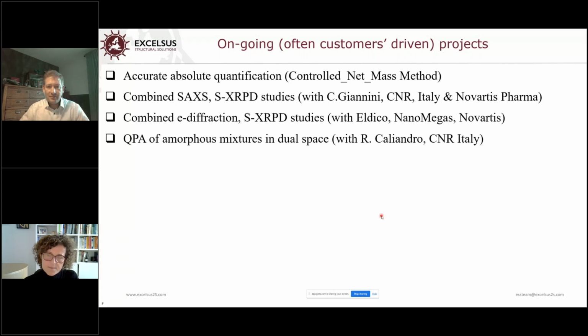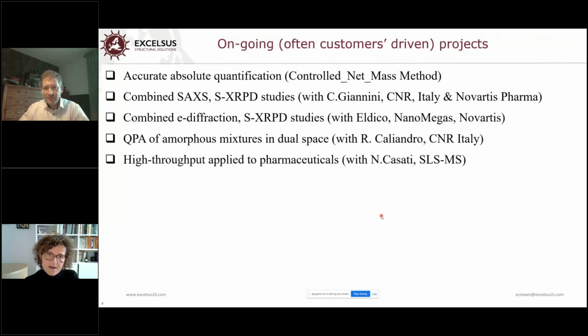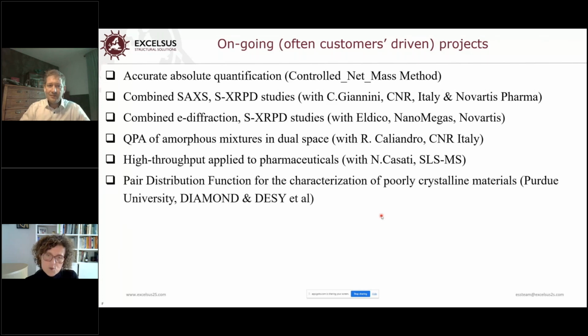We are also collaborating with Rocco Caliandro at the CNR in Cinzia's group for the quantification of amorphous mixtures in dual space. Then high throughput applied to pharmaceuticals is something that we are testing with Nicola Casati at the Swiss Light Source. Pair distribution function for the characterization of poorly crystalline materials is a collaboration with multiple groups.